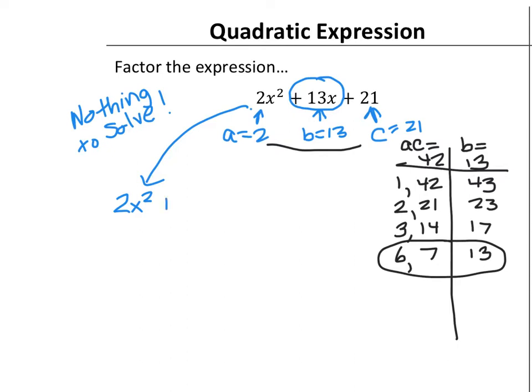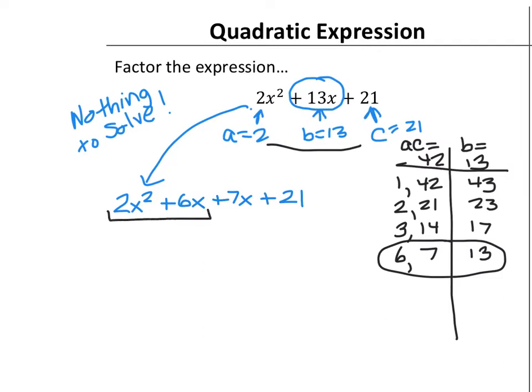And it doesn't matter if I say plus 6x plus 7x, or if I reverse those numbers and say 7x first plus 6x. It doesn't matter the order. But our task is to rewrite that 13x. That's what we did. And now we're going to use a technique called factor by grouping.